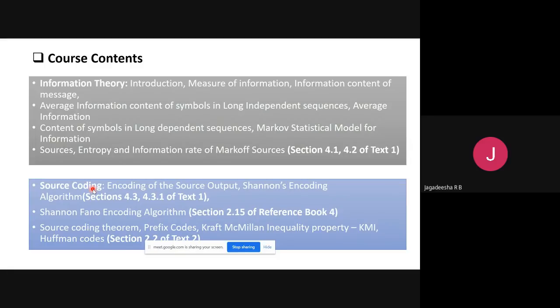There are different algorithms suggested by the experts: Shannon's encoding algorithm, Shannon-Fano encoding algorithm, the next version of that, and Huffman coding. All these are different algorithms used for performing source coding. Those topics we will be studying in the second module, source coding.